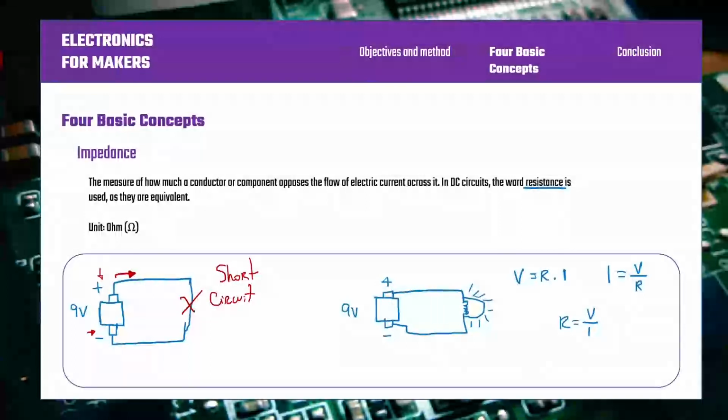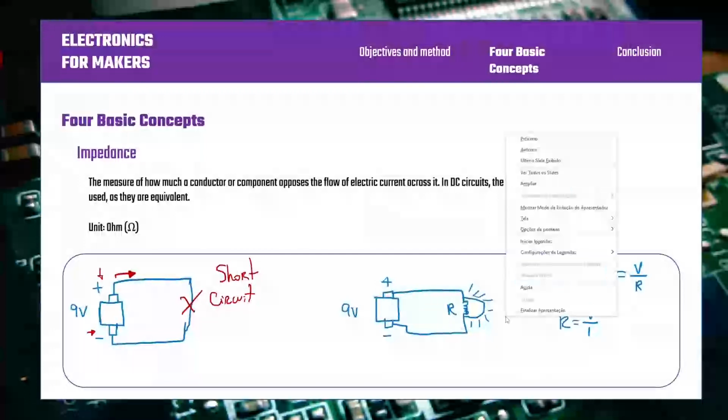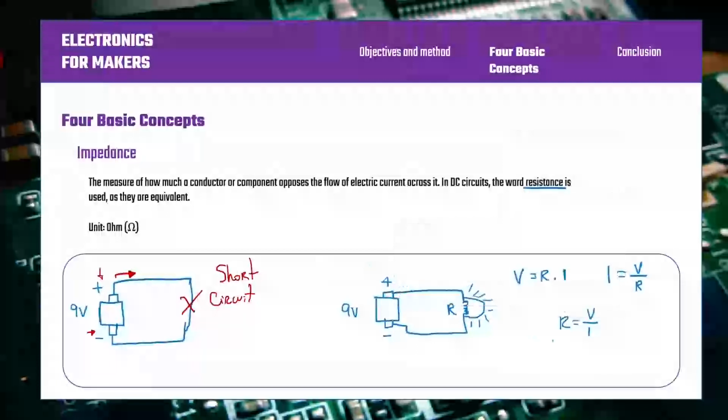That's why you have a short circuit when we just connect the two terminals together. Now, when we have something like the second circuit, we have some resistance here. Let's call it R. Now, this is not a short circuit. This is a functional circuit, and this is good.